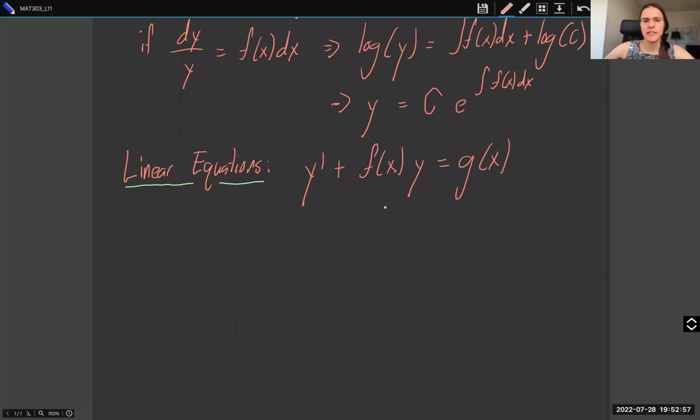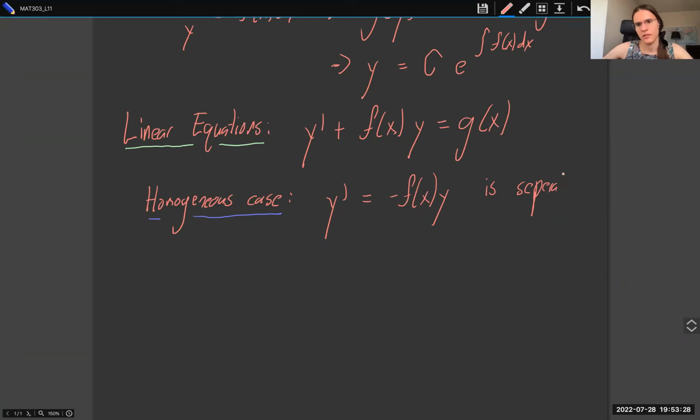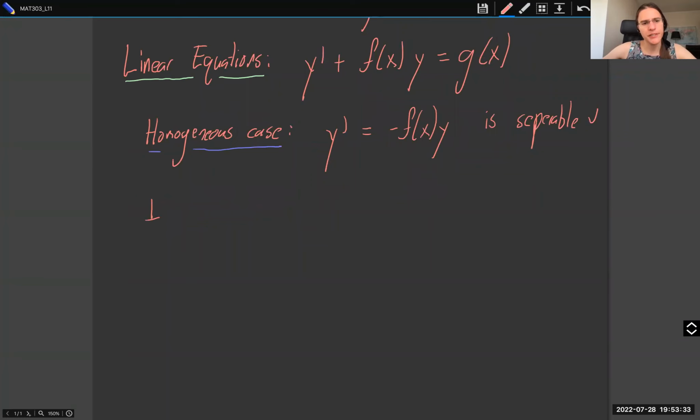For the homogeneous case, what you do is that it's a separable equation. So y prime is equal to minus f of x y, which is separable. So done.